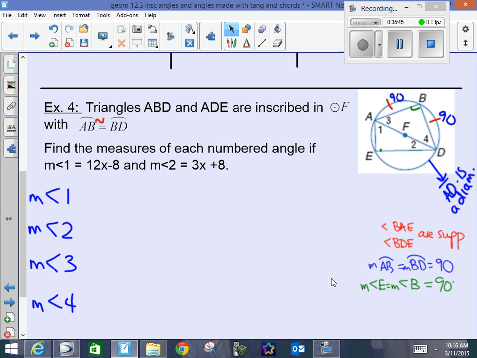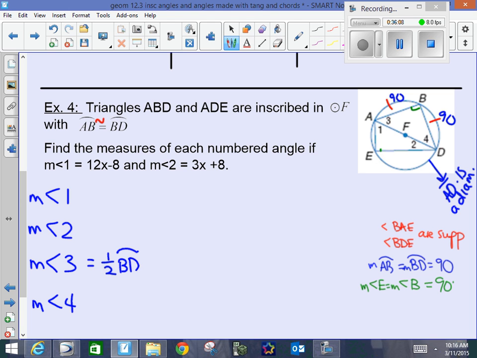All right. I'm going to start with that upper triangle with 3 and 4. What do we know about 3 and 4? They're both half of 90, right? So 3 is half of what?